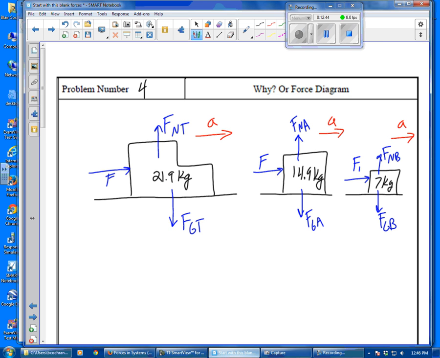And if the 14.9 pushes on the smaller one, what does the smaller one do to the larger one? Pushes back on it. Everyone get that? How do the size of those 2 forces compare? Same. So they're both F1. Alright? So those would be your correct force diagrams.